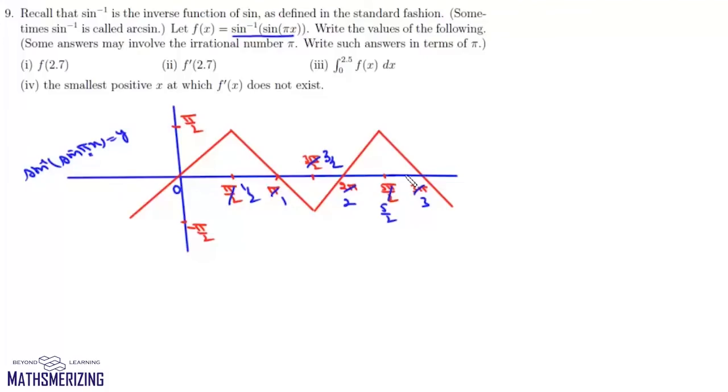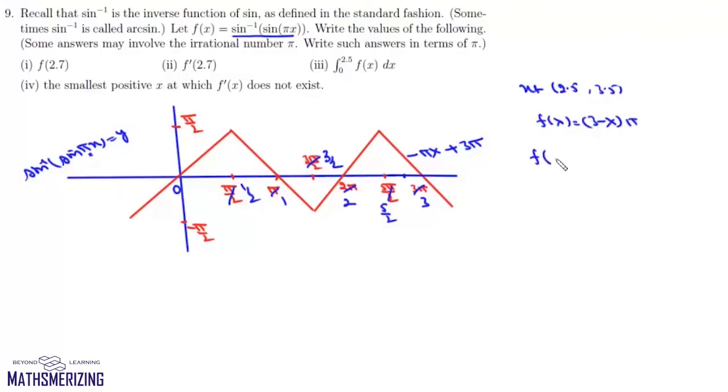Now 2.7 will lie in this region, and in this region we have to find the equation of this line. Equation of this line will be minus pi x, and then this graph is going to intersect at 3 pi. So when x lies between 2.5 and 3.5, in that case this fx is defined as 3 minus x into pi.